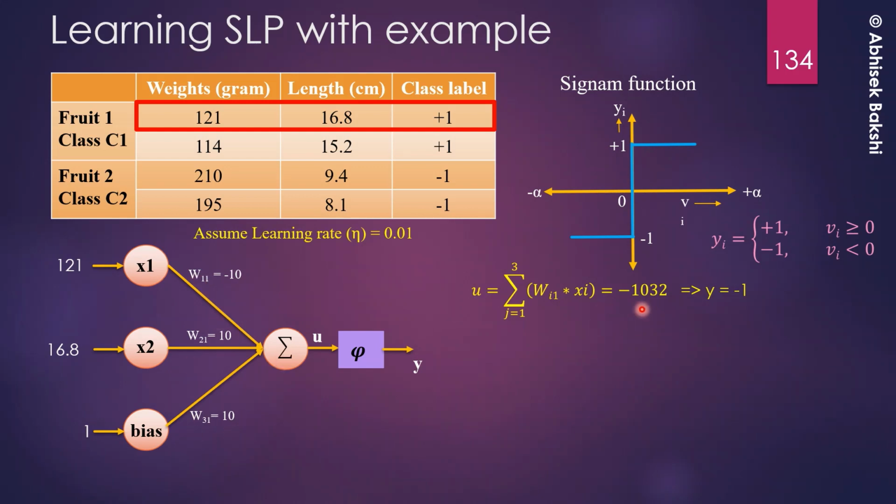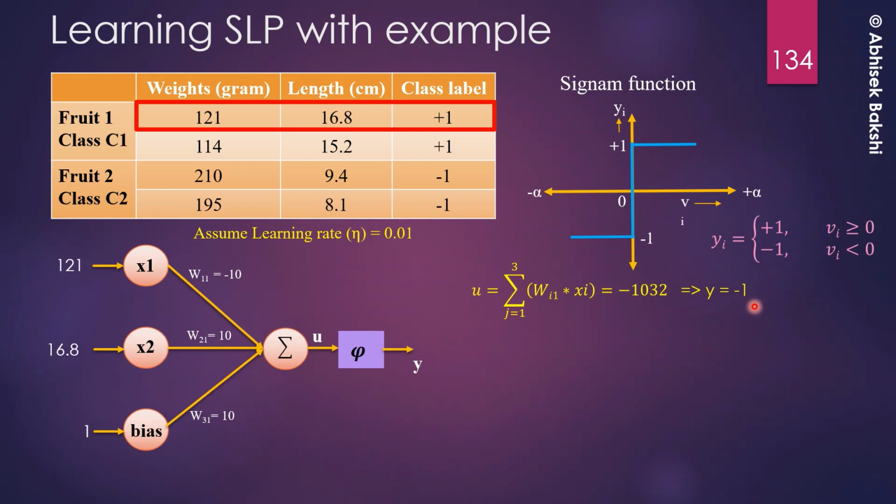As a result, you will get minus 1032. Now, according to the signum function, since the input of the signum function is negative, that means something less than 0, naturally the output of the signum function will be minus 1. That's the nature of the signum function. You can easily understand that. So the predicted output is minus 1.